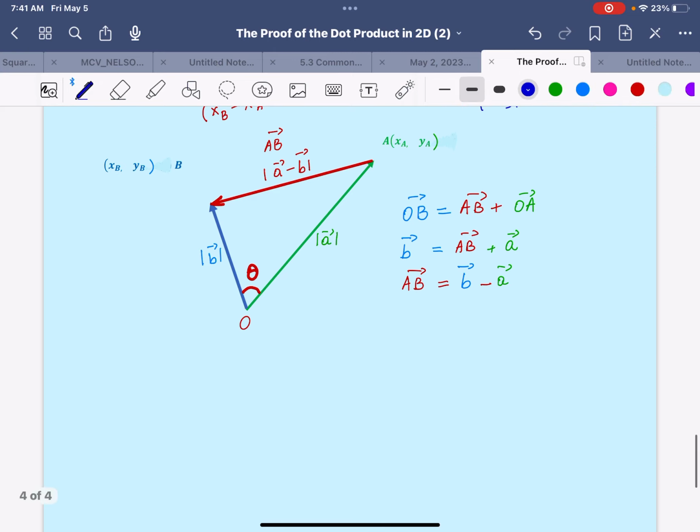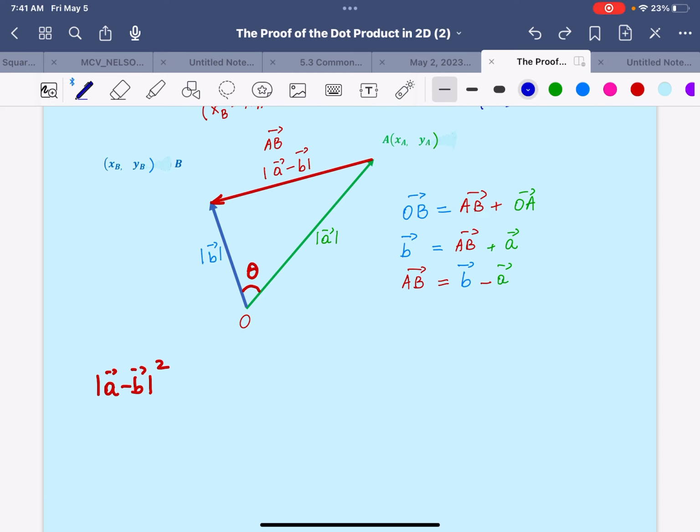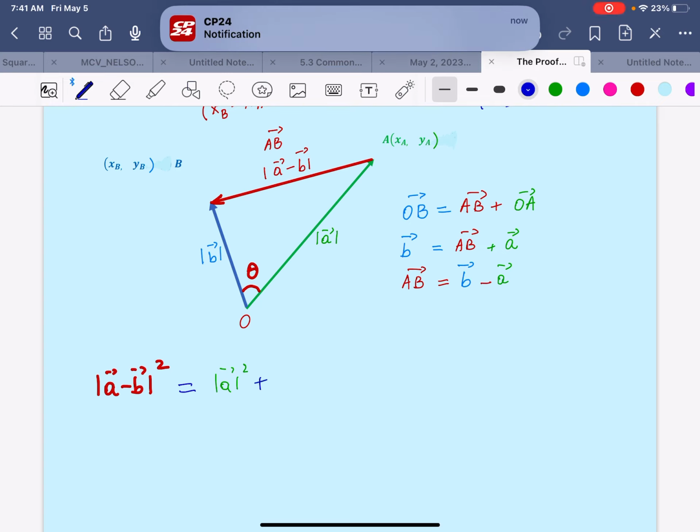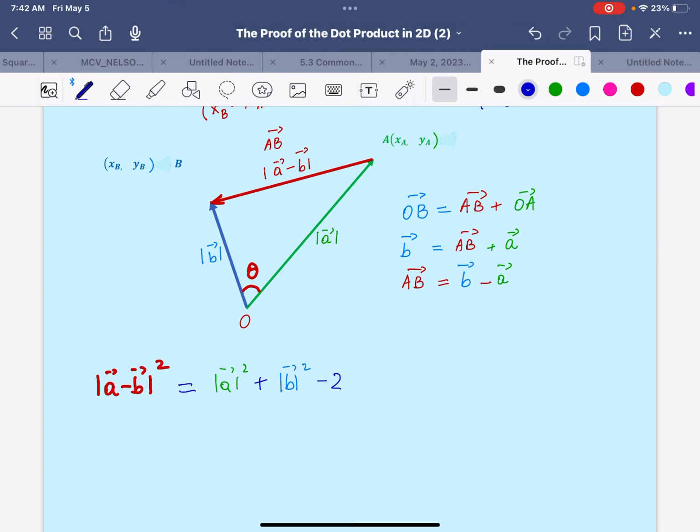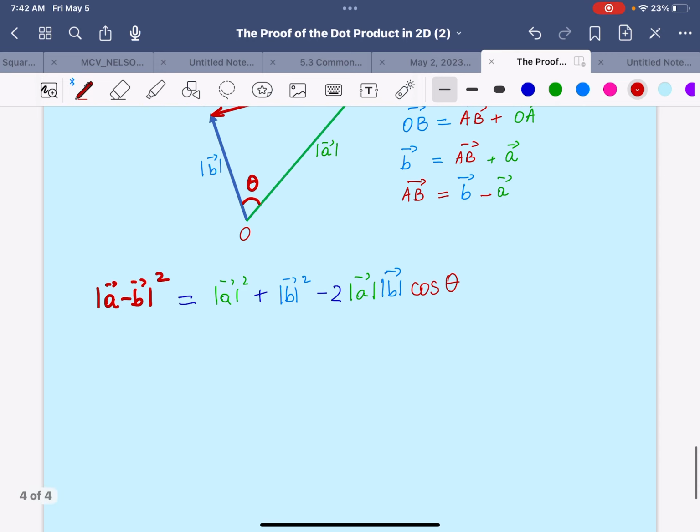So if we use this formula, it means that the magnitude of A minus B squared would equal the magnitude of A squared plus the magnitude of B squared minus 2 times the magnitude of A times the magnitude of B, and then multiplied by the cosine of theta, which is the angle across from vector AB.